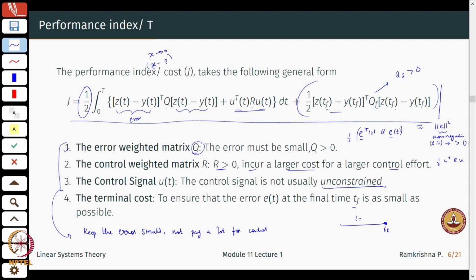Okay. So, in general what I would like to say is, okay, I want to keep error small, not pay a large cost, and at the same time also have the error at the final time be as small as possible. Now, can I design a controller which achieves these objectives?